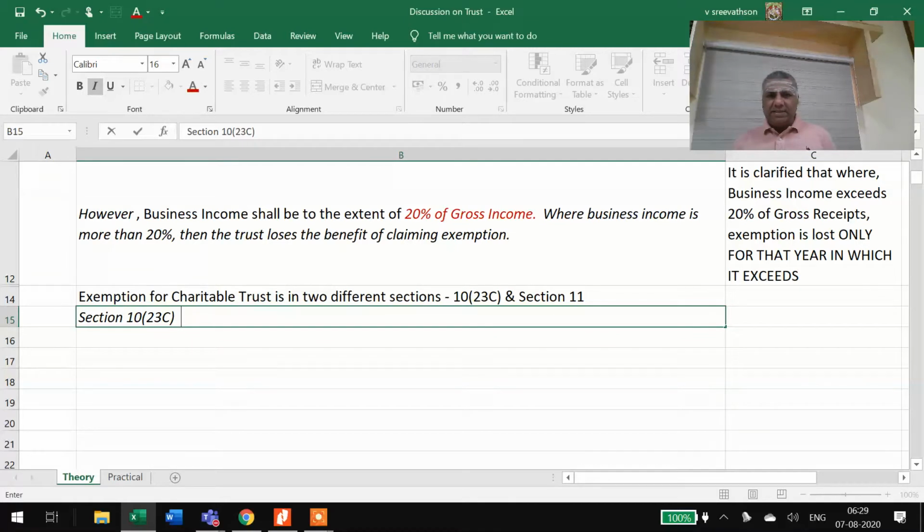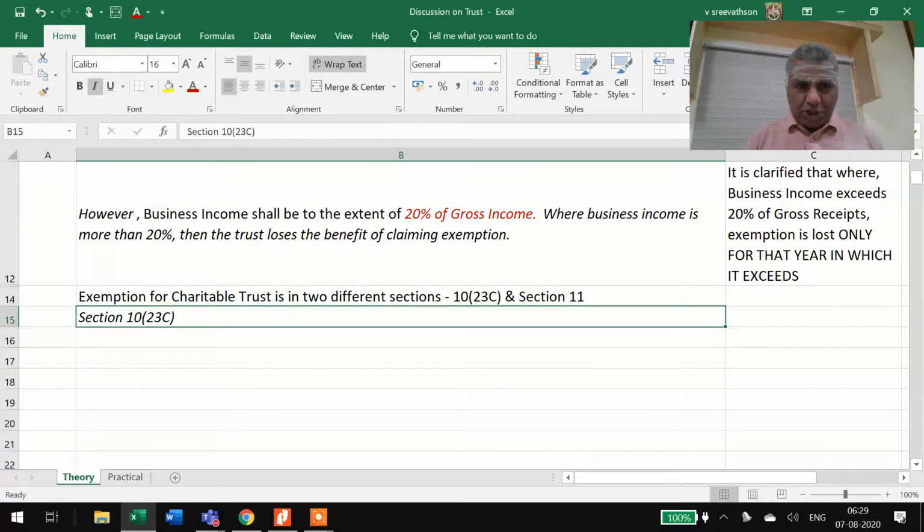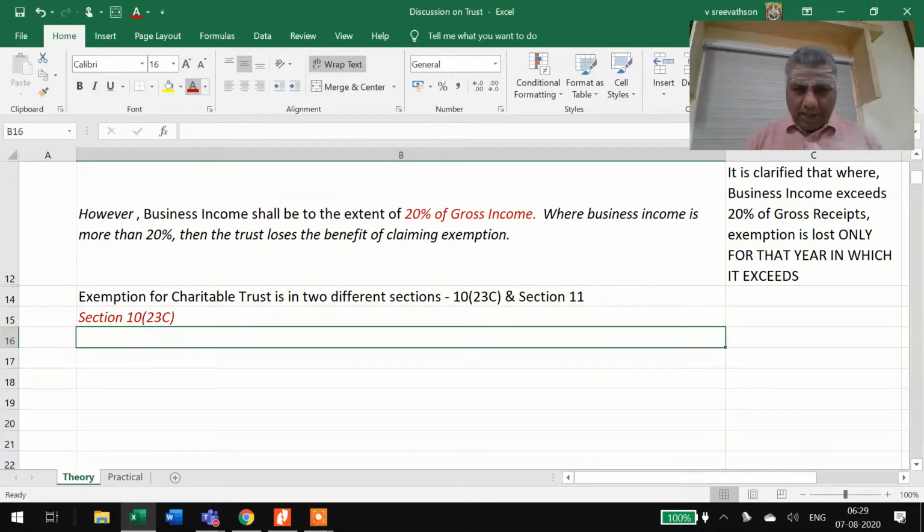Okay, section 10(23C). What organizations are going to be covered under section 10 sub-section 23C?